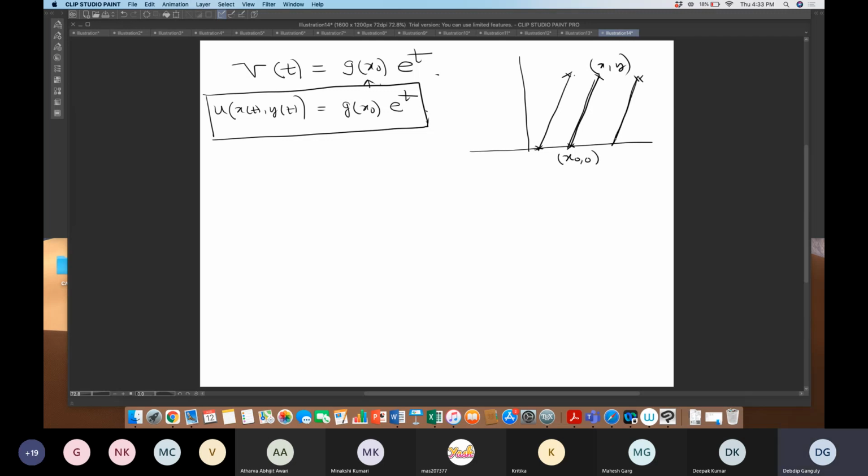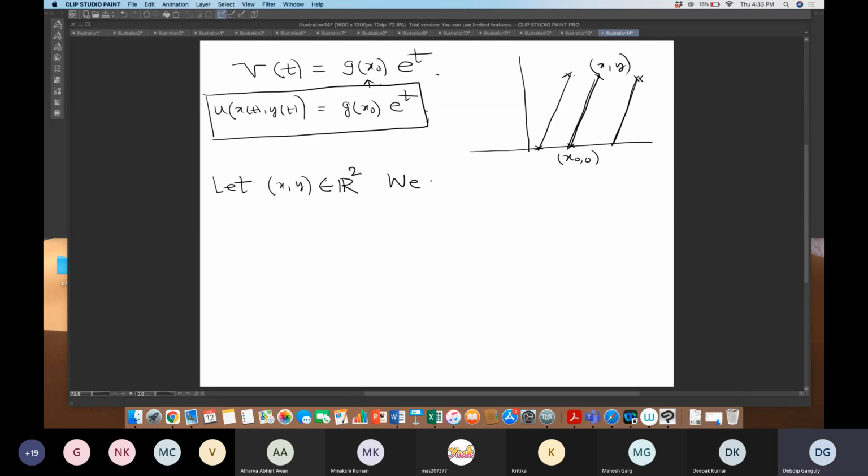But now what we have to do? You have to find u for any point, not along this line, for any (x, y). Let (x, y) belong to R2.